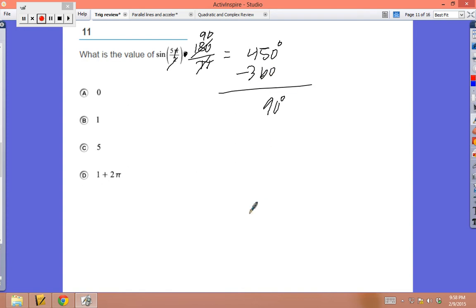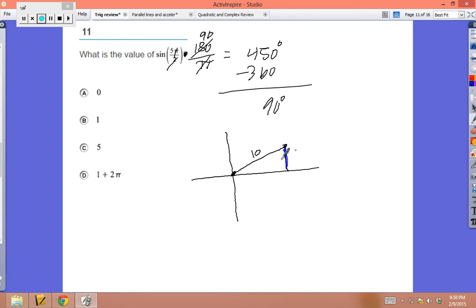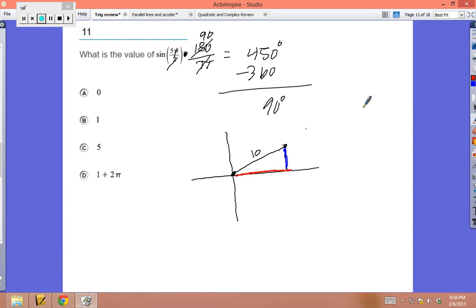So 90 degrees. Okay, now 90 degrees, as you open up to 90, so remember, if I have a radius, and let's say this radius is 10, and I'm swinging it around and around, the closer I get, and it makes a triangle, that's the height of my triangle, and then this is the base of my triangle.